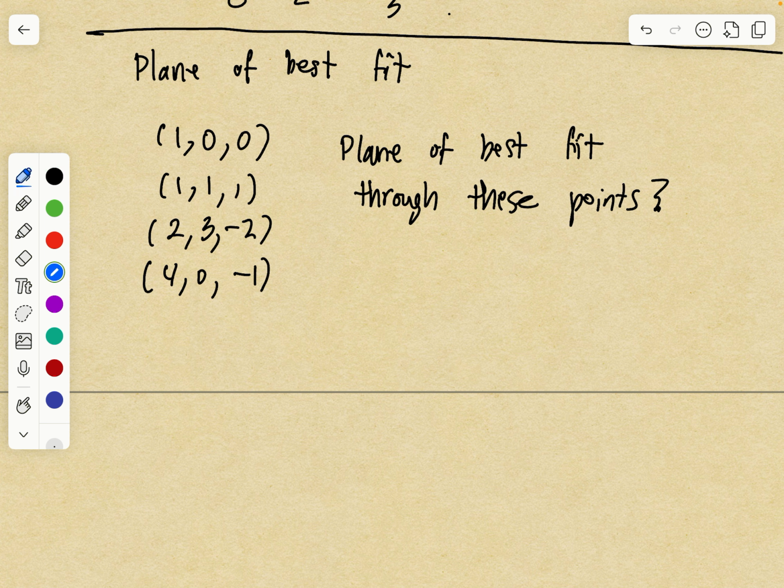So here we're given these xi's, the yi's, and the zi's. And what are we trying to do? We're trying to find a plane. So a plane is going to have the form z equals c1x plus c2y plus c3.